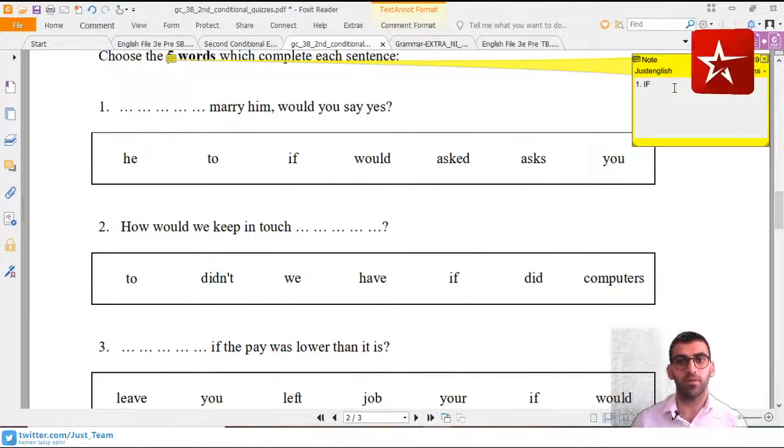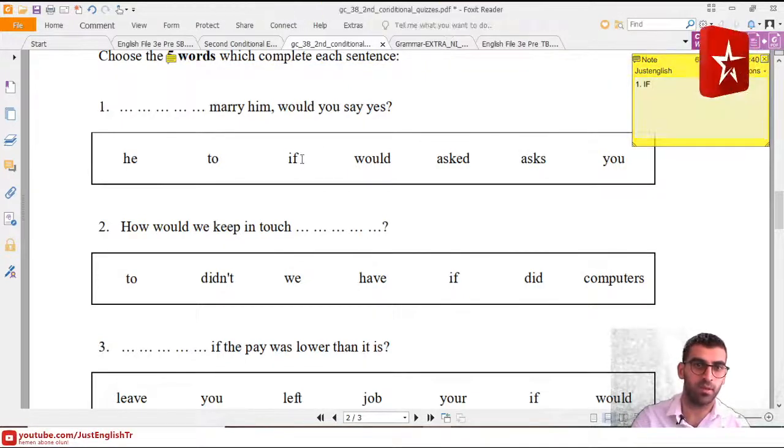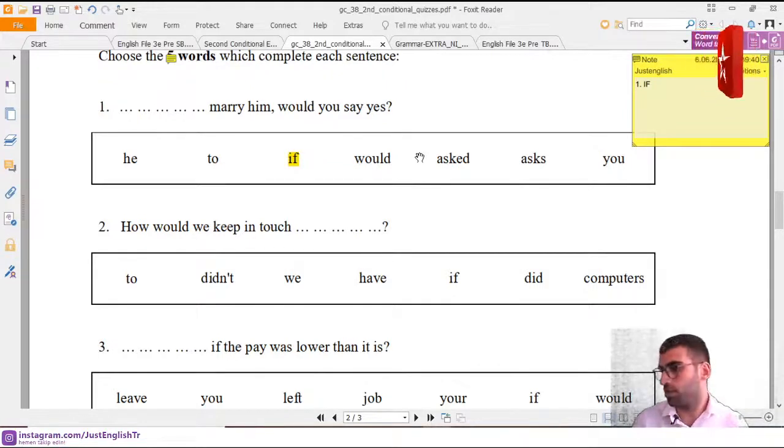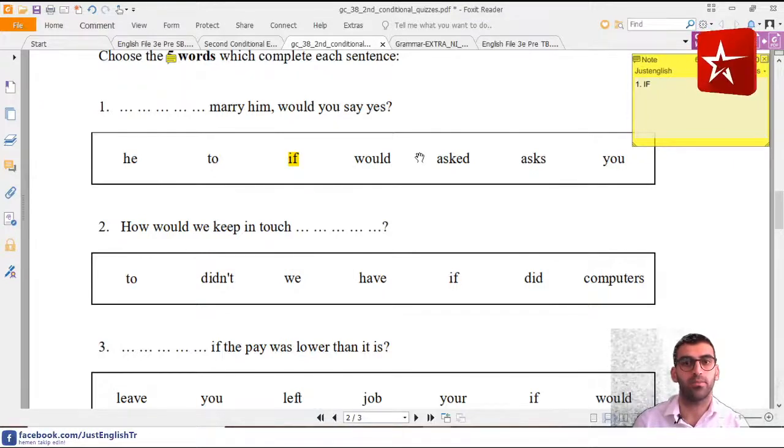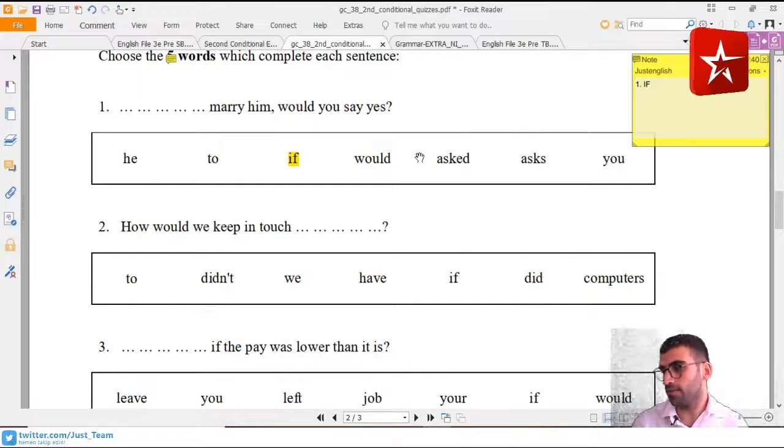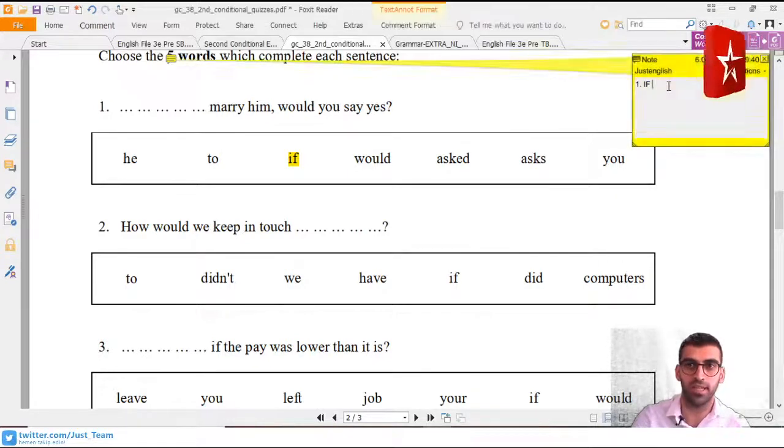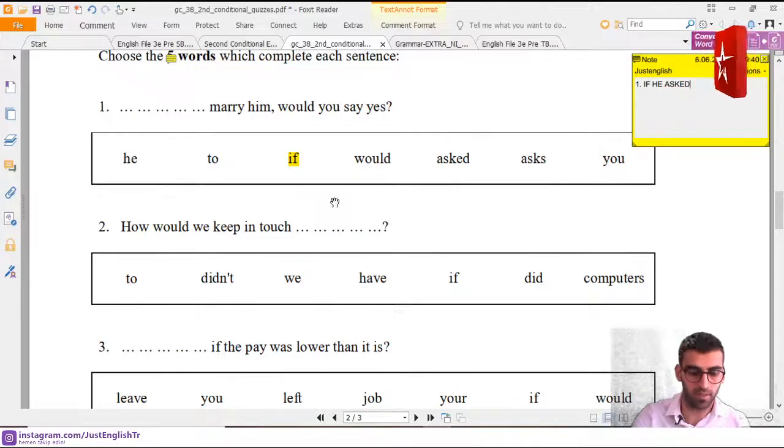And also we have to use a past simple form. Let me highlight the word here, like chosen word. If we have already chosen, if he asked, yes, if he asked. And 3 words, we need 2 more.